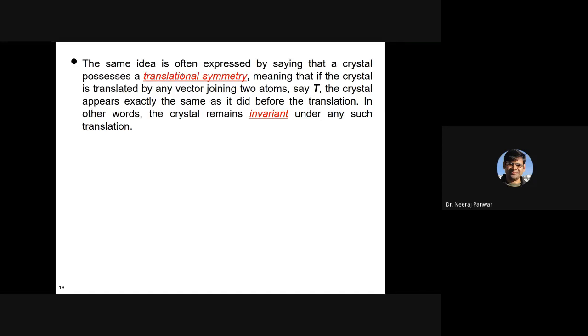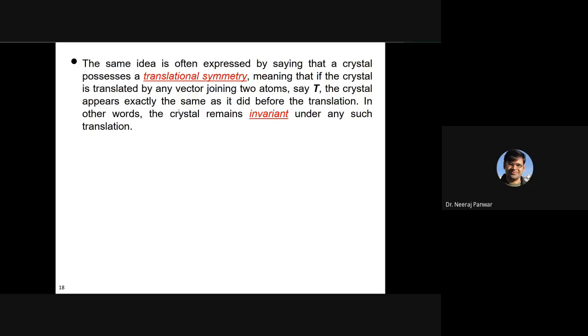And by translational symmetry, what do we mean? A crystal possesses this type of symmetry in that if the crystal is translated by any vector joining two atoms, denoted as T, the crystal appears exactly the same as it did before the translation.